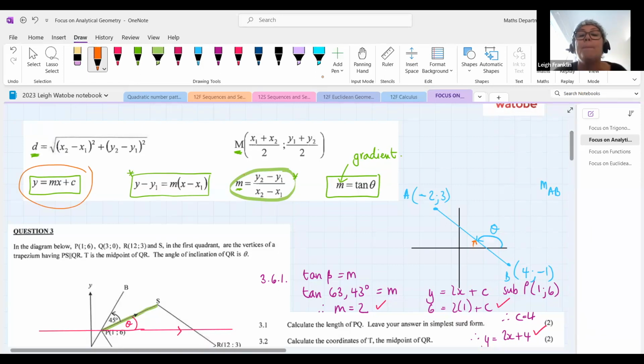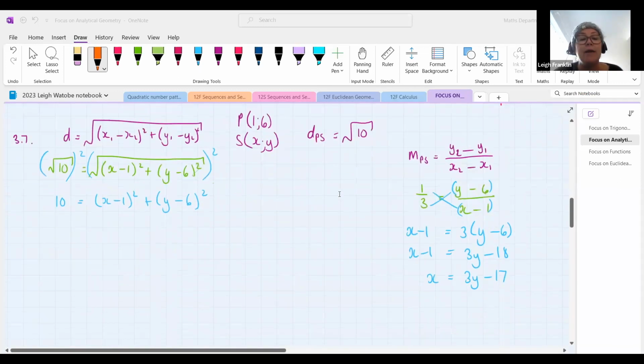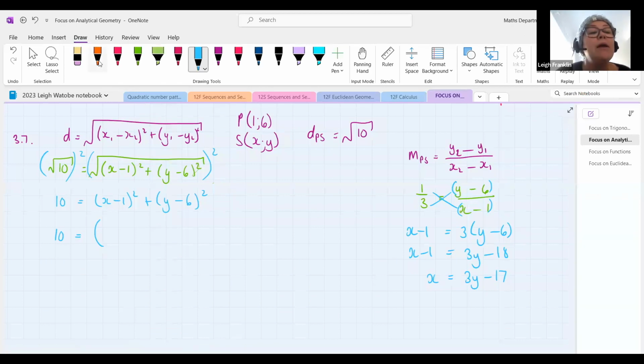All right, so now we're going to sub in. Where we see the x, we're going to write 3y minus 17. So now I'm subbing in, guys. I've got my 10 on the left, and in place of my x over here, I'm putting in 3y minus 17.